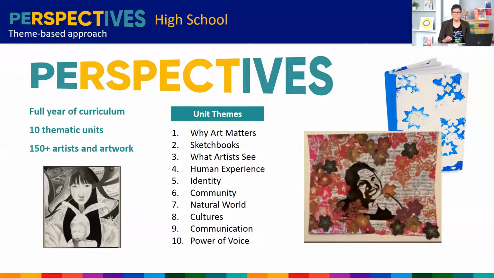So here is perspectives in a quick nutshell. There's 10 unit themes, and it is a full year of curriculum. So if you take it, I say out of the box, but it's delivered to you digitally. But if you take it and go through all 10 of these units, you will complete a year of art education, and you will also complete all of the National Art Education Association, all of the National Art Standards.